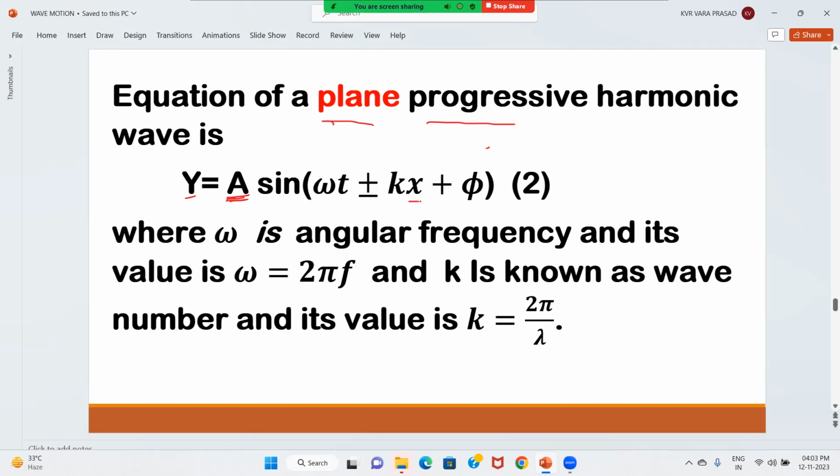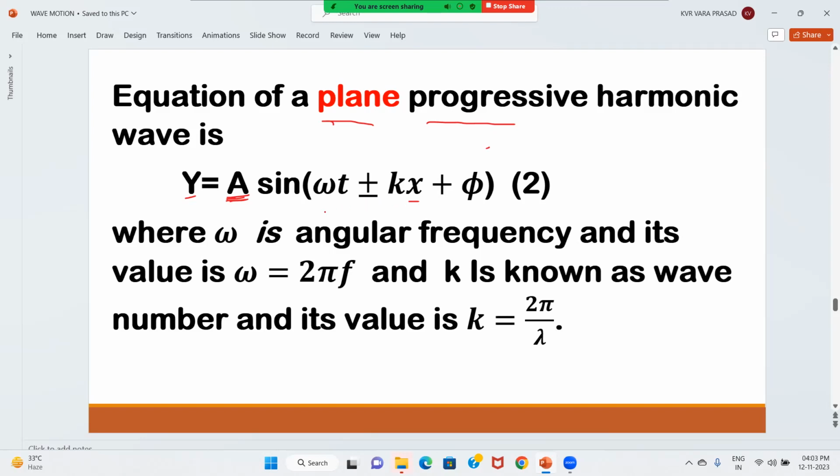It means oscillations are along the y-axis, but energy is propagating along the x-axis. It may be along the positive x-axis or along the negative x-axis.